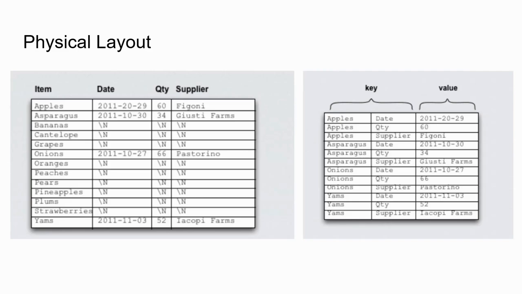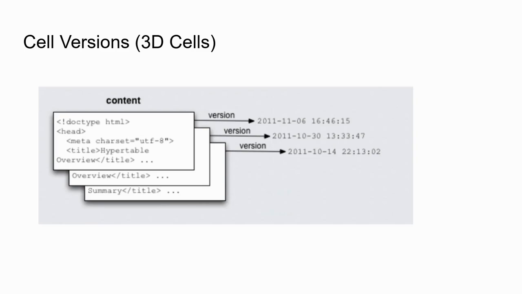Next, we'll be looking at the cell versioning, or the 3D cells. What Hypertable does is it extends the traditional 2D table model by adding a third dimension called the timestamp. This timestamp dimension can be thought of as representing different versions of the same table cell, which is shown in the diagram.